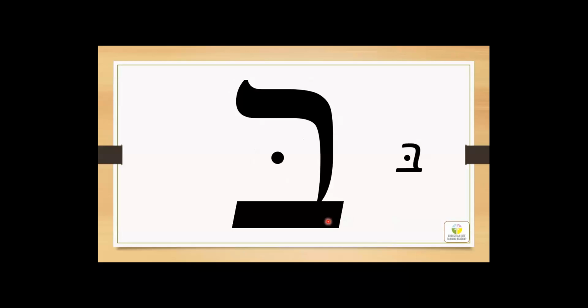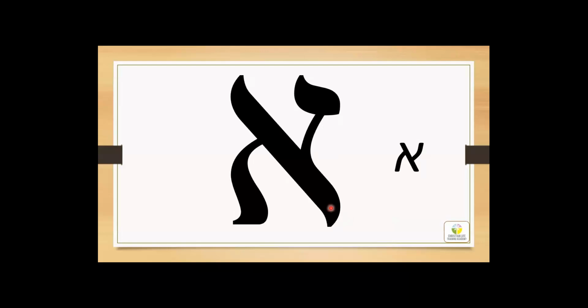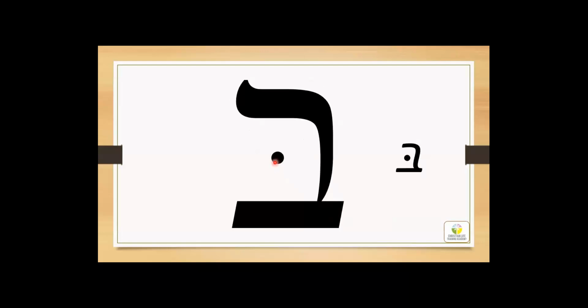Now we're going to number 2, the Bet. That is the Bet with its tittle. And because it is a Bet, the hard sound, remember it's a B, Bet. It's got the dot in.